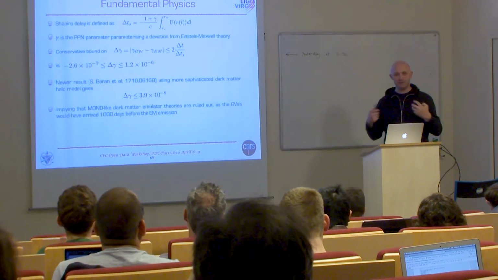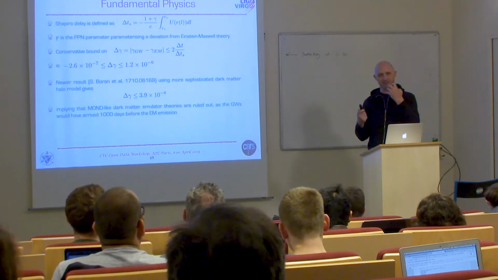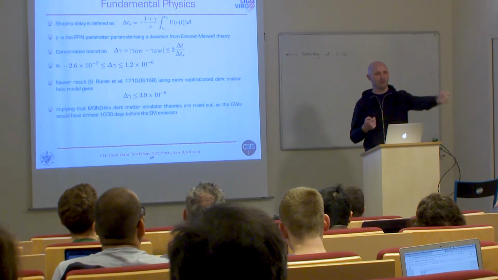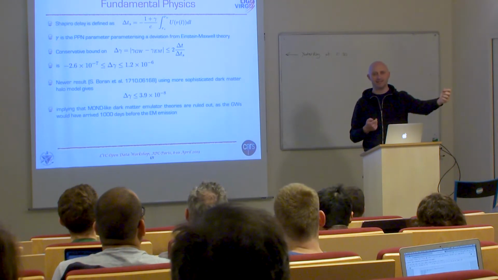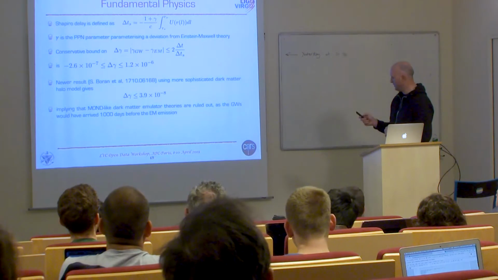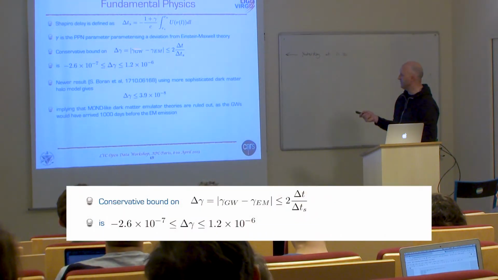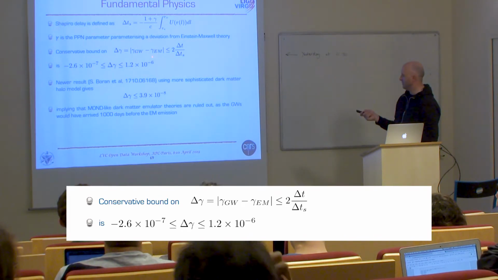And as a first approximation, you can basically take the dark matter distribution of the halo of the Milky Way and the dark matter distribution of the halo of the emitting galaxy and kind of ignore everything in between. And if you do that, you basically get this constraint here on the difference between the PPN parameter for gravitational waves and for electromagnetic theory.